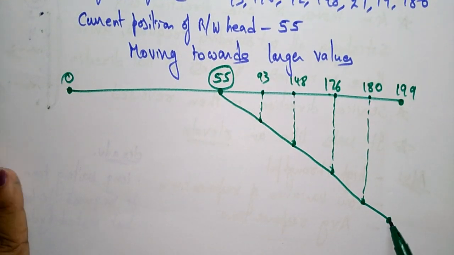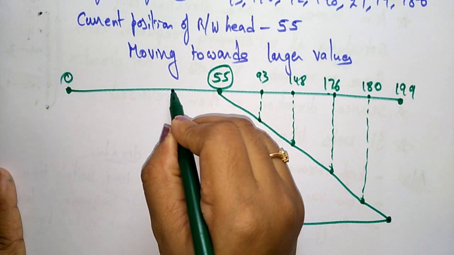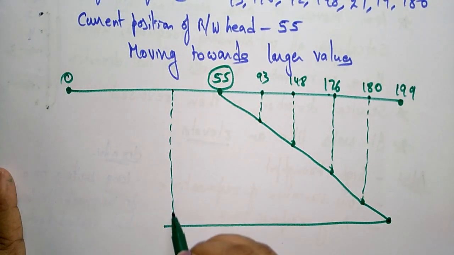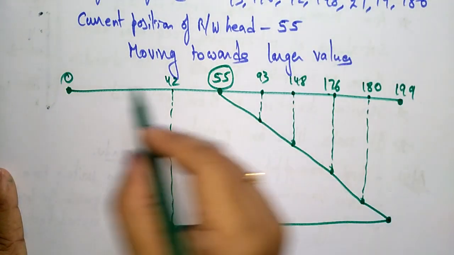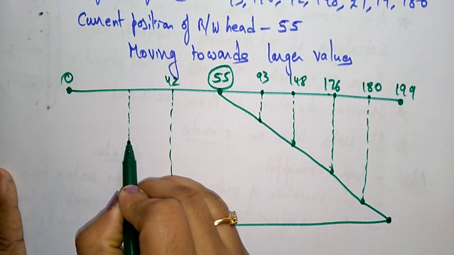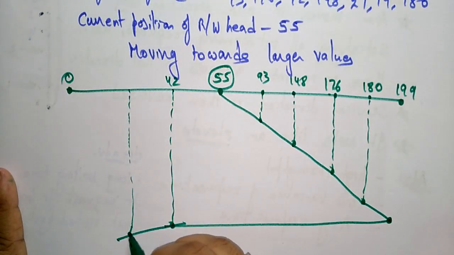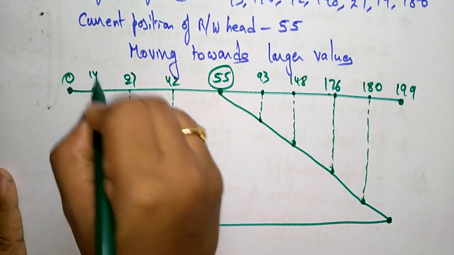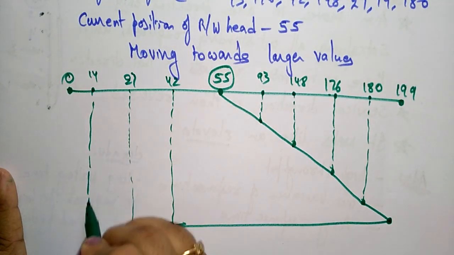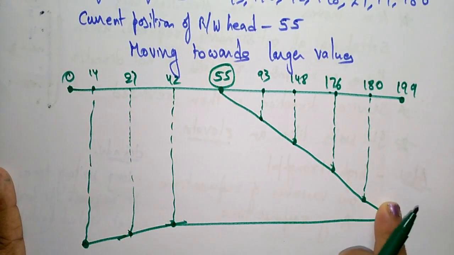Now after 199, it moves to 42, next 27, and the last one is 14. So this is how SCAN is done.